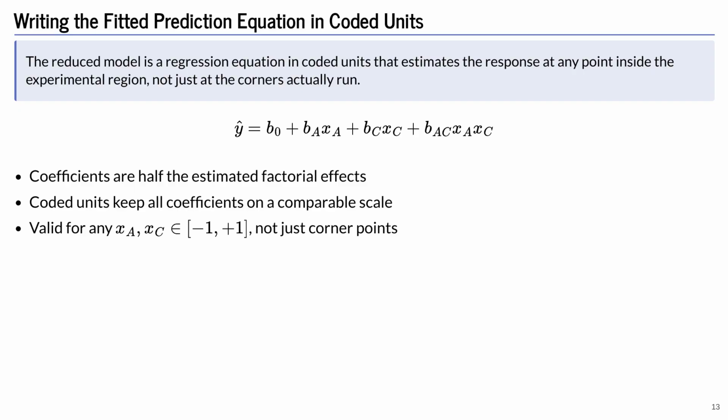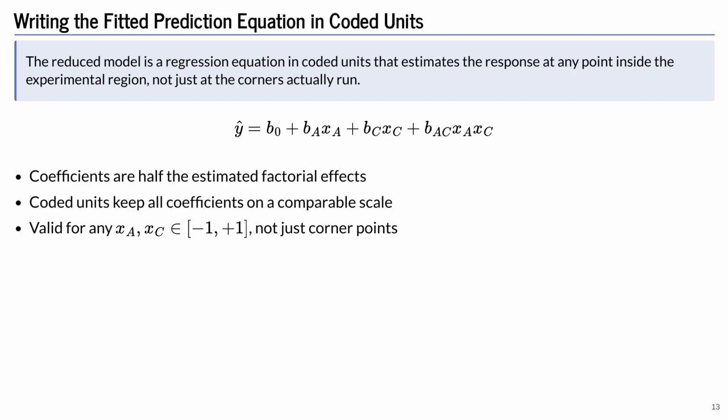The coefficients are estimated by fitting the reduced model to the 16 observations. In a balanced 2 to the k design, each coefficient is exactly half the corresponding factorial effect estimate. That relationship is worth knowing because it connects the regression coefficients back to the effect estimates you computed from the half-normal plot.